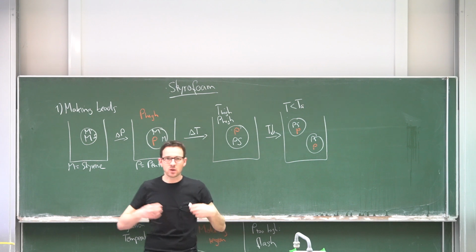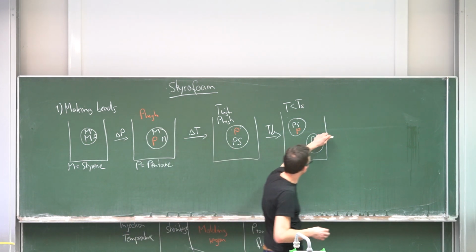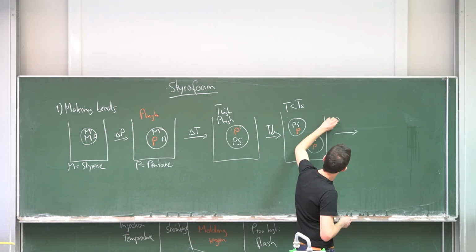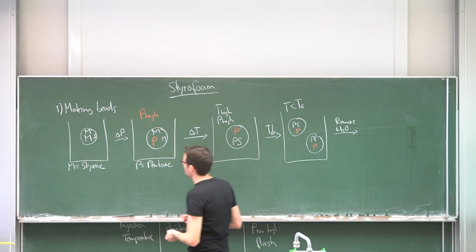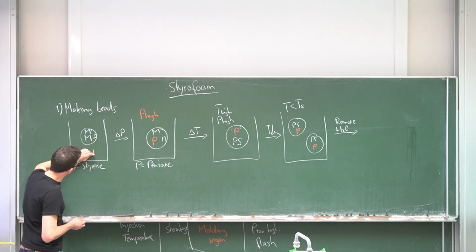And once we have this, we can remove the continuous phase. Typically this is water, to make it a green process.